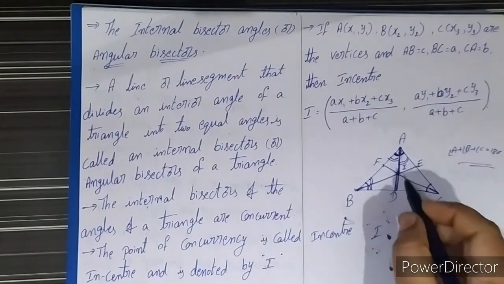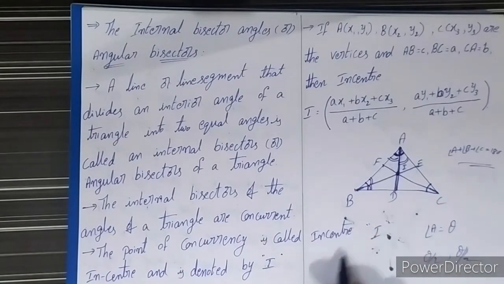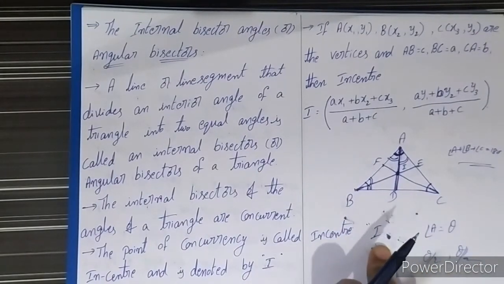These three lines' point of concurrency is denoted by capital I. Capital I means incenter of the triangle.